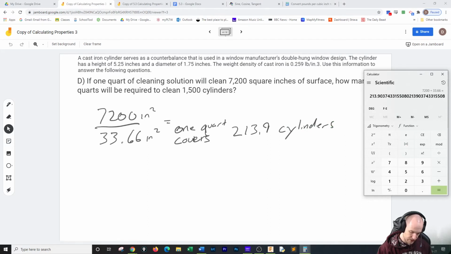So how many quarts would we need to cover the whole thing? Well, to cover 1,500 cylinders, divided by 213.9 cylinders is going to equal something.